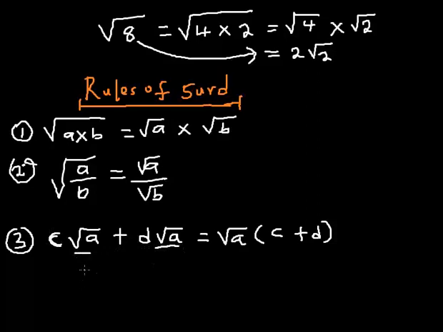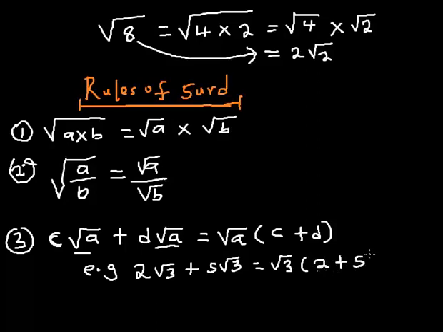For example, if you have 2 root 3 plus 5 root 3, all I need to do is take the root 3 out, then add the 2 plus 5, which at the end of the day, 2 plus 5 is 7.